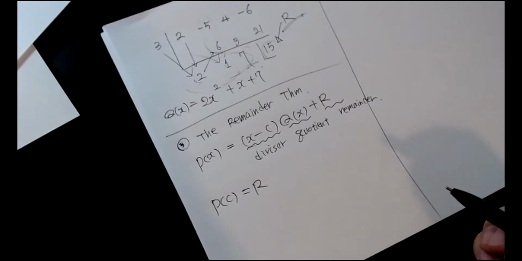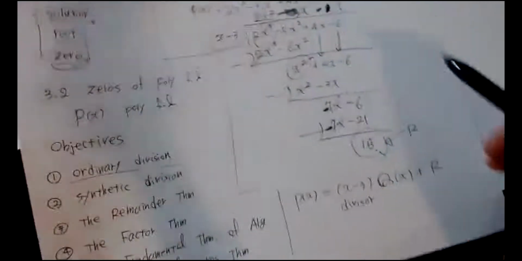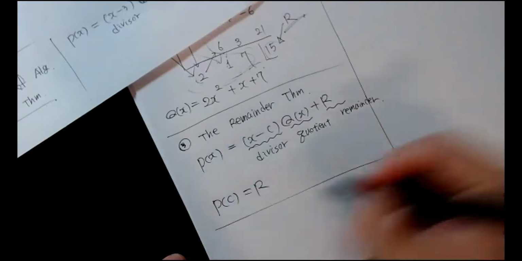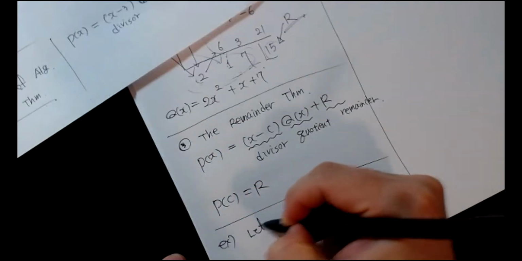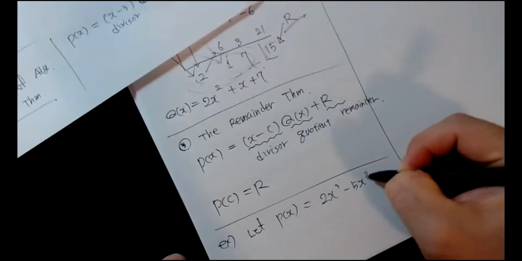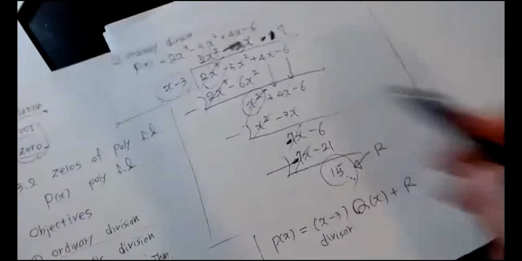So for example, back to the p of x in this example. I want to find out p of 3. Let's say p of x is defined by 2x cubed minus 5x squared plus 4x minus 6, just what we saw in the example right there.